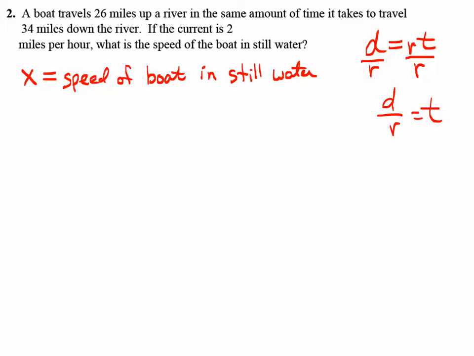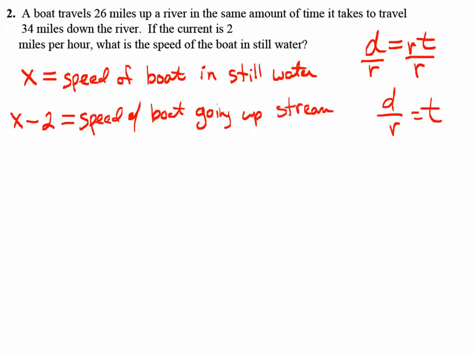The current is going backwards, so it's subtracting 2 miles each hour. Since it's going upstream, x minus 2 is the speed of the boat going upstream. So you tell me, what would be the expression for the speed of the boat going downstream?